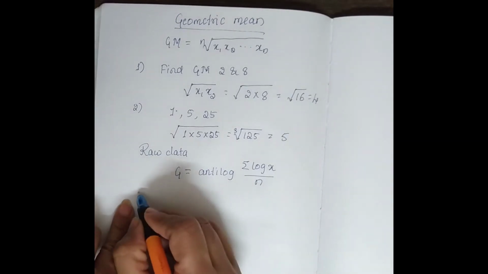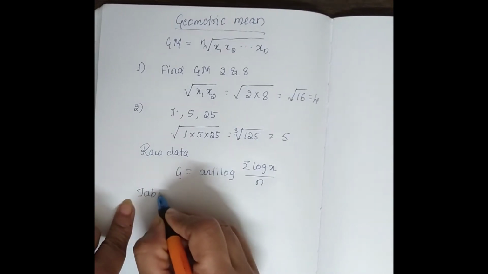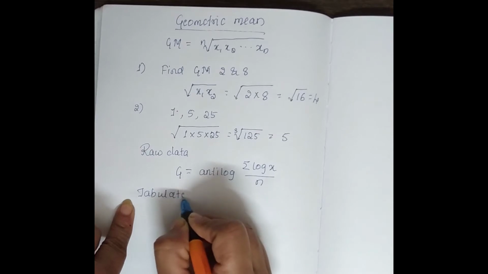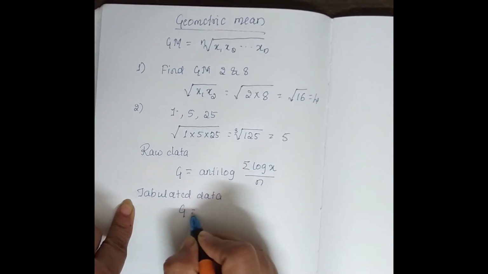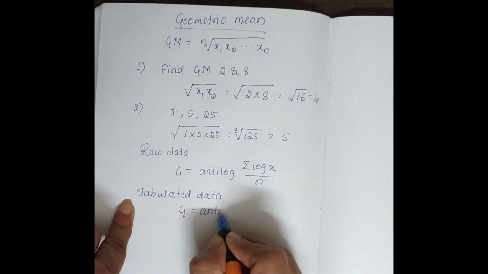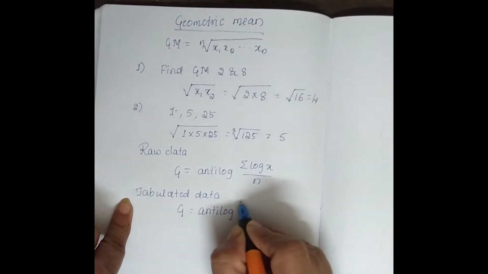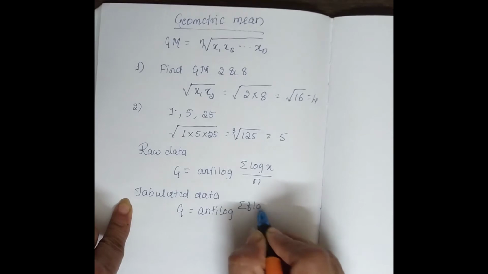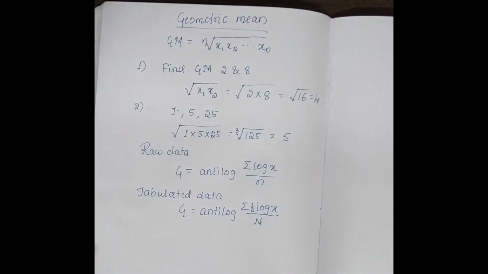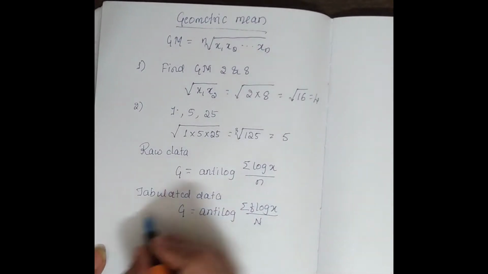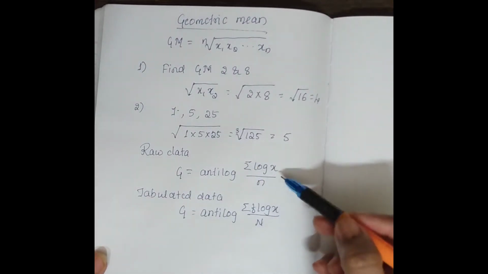For tabulated data, G equals the antilog of summation of f into log x divided by capital N. These two are the formulas.